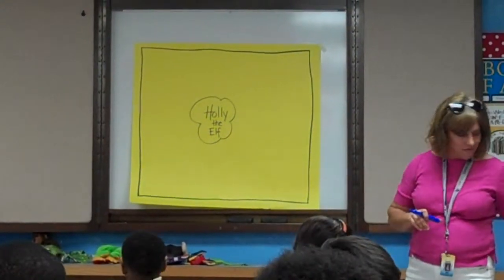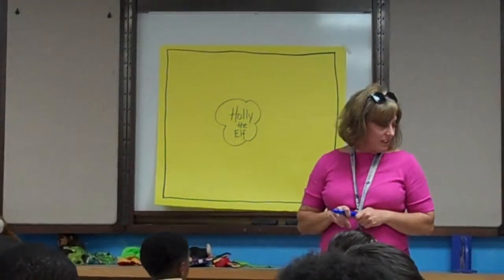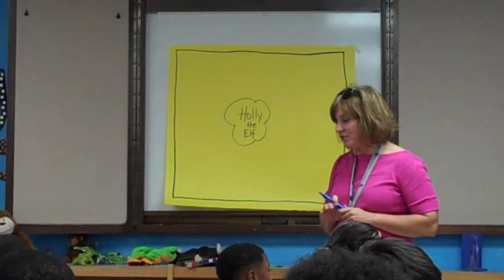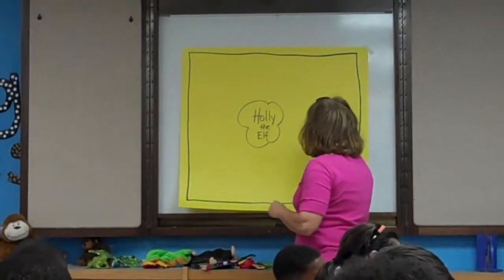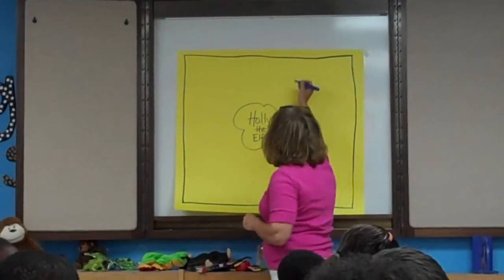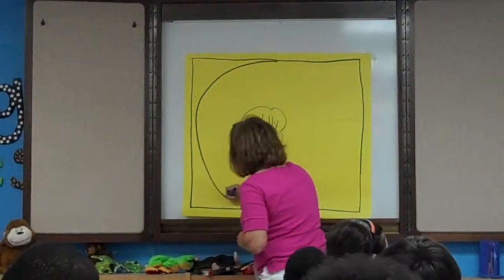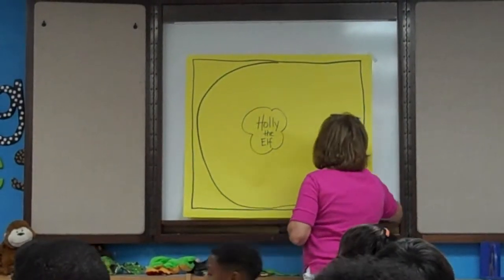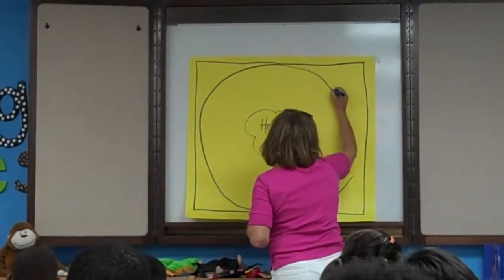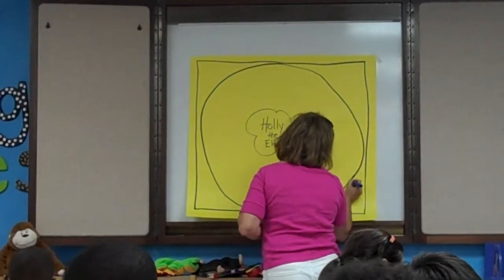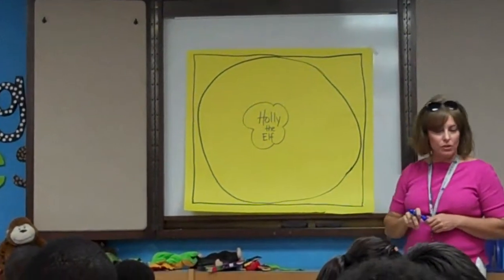You're free. And you've done this in class, so I know you know how to do this. Now we want to draw a circle inside the square that almost touches the square, like this. Just like that. So yours will look like that.